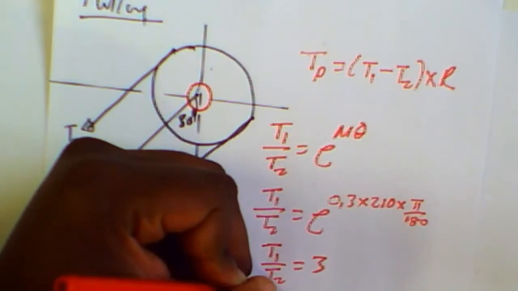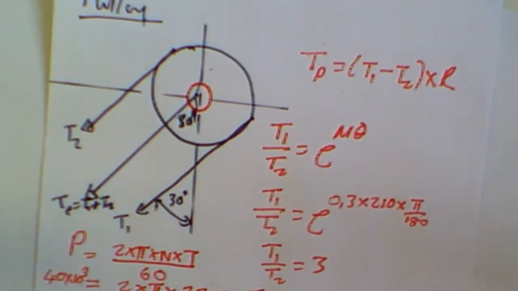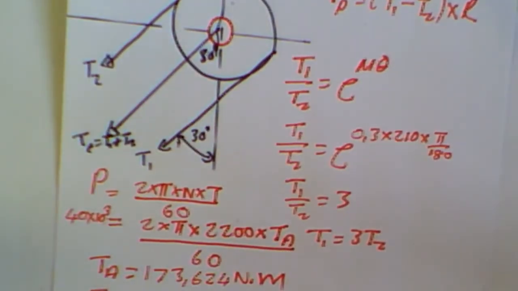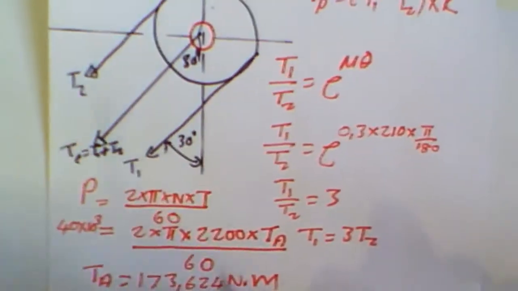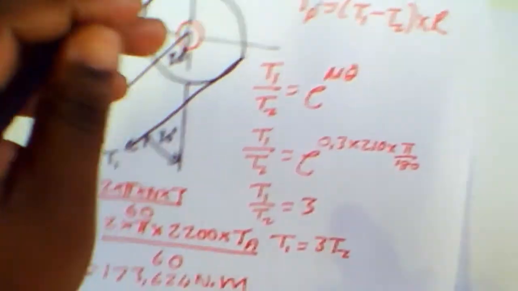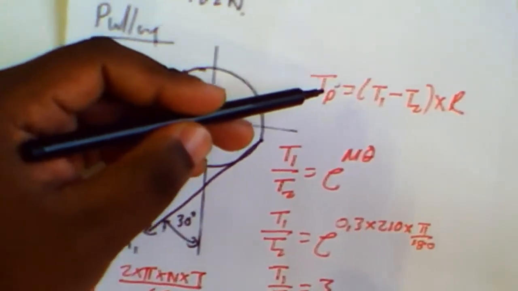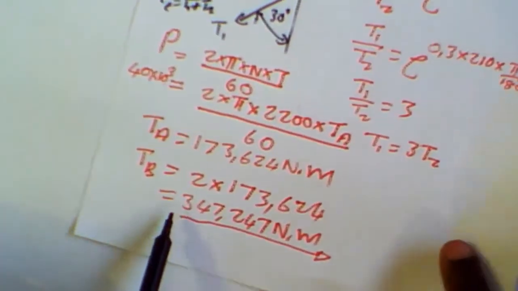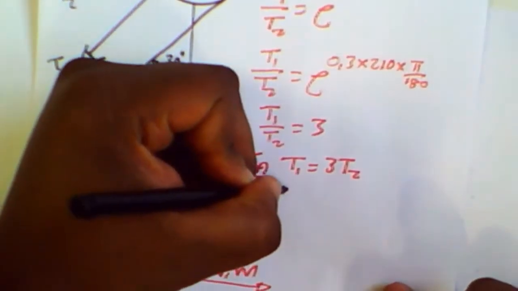So I can say that T1 is 3 times the tension at 2. So now that I know that, I can go back to my formula here and say that my torque at my pulley, remember we calculated it here, it's this torque here, 347,247.